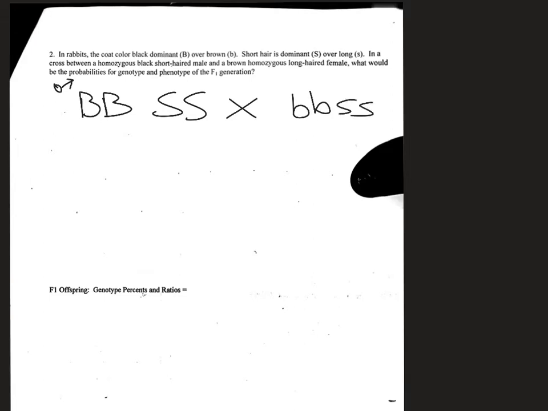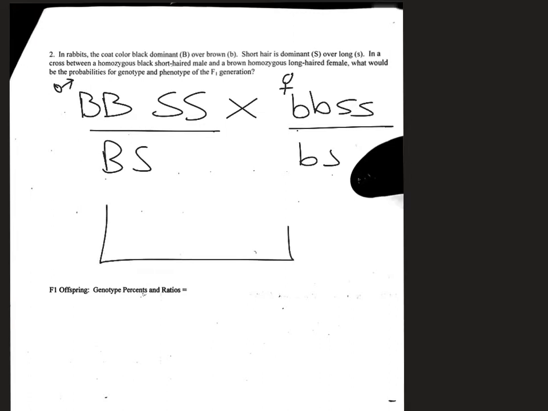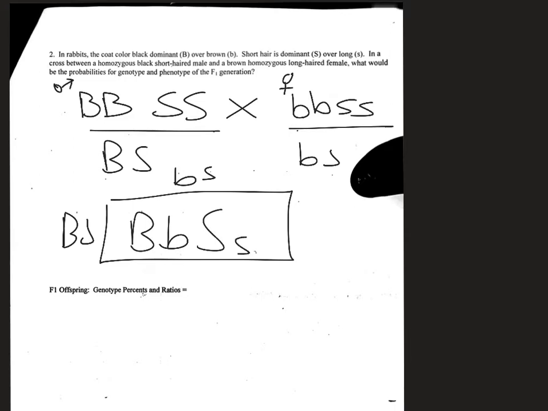How many different gametes can the father make? 1, big B, big S. How many different gametes can the mother make? 1, little b, little s. So the cross is real easy. It's only one possibility, big B, big S, little b, little s. Big B, little b, big S, little s.